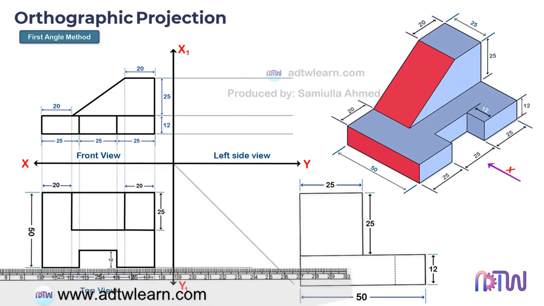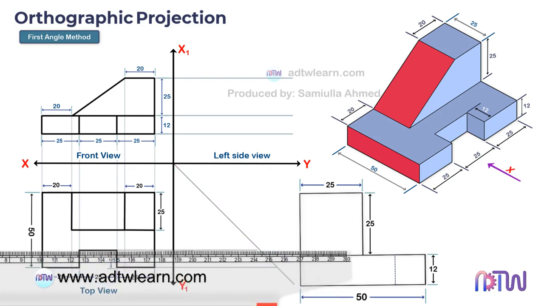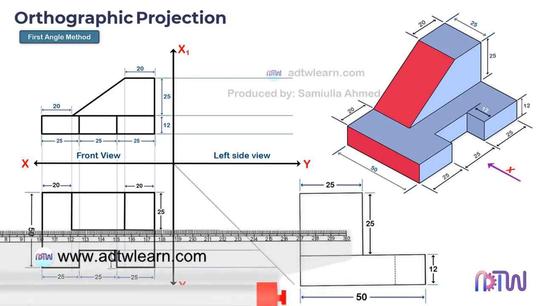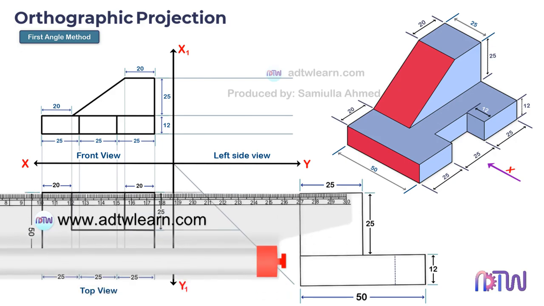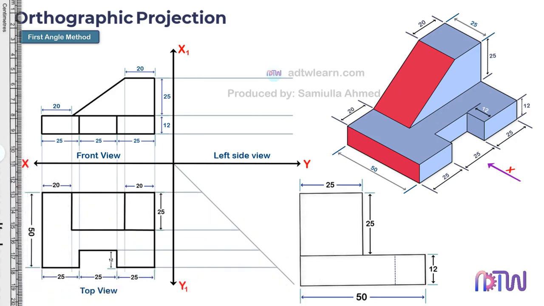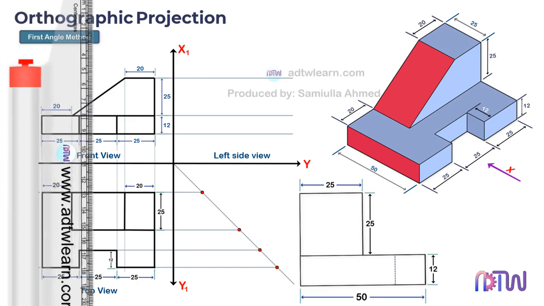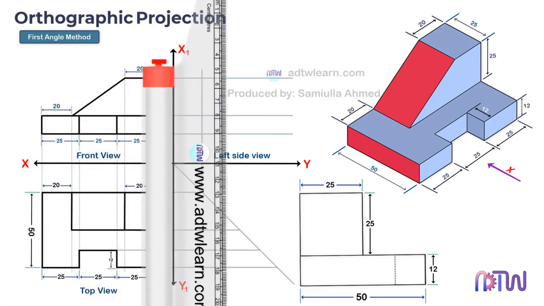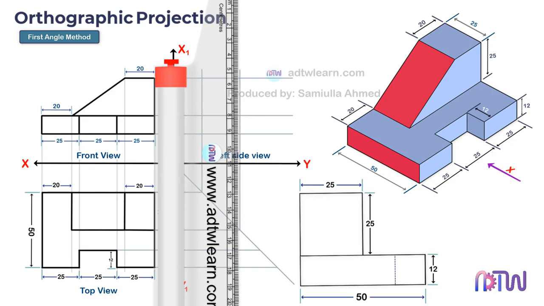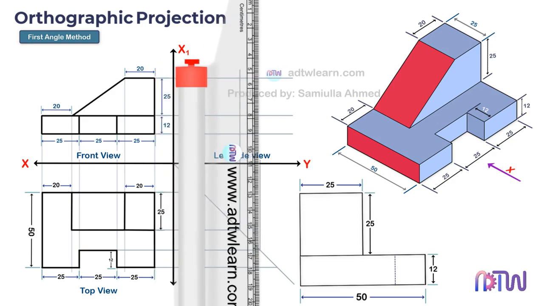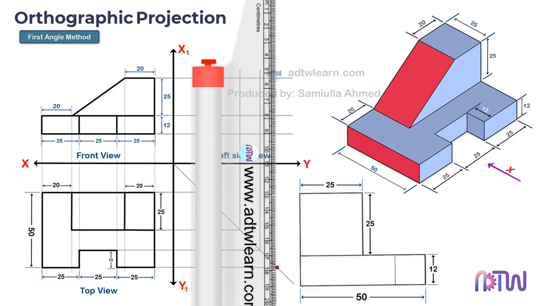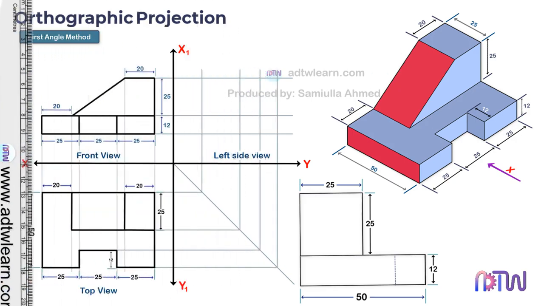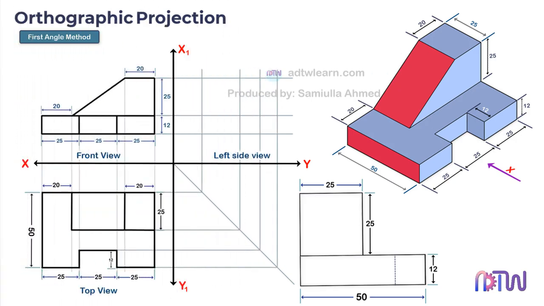Extend these lines up to this inclined line. And draw the vertical lines from each of these intersection points. These lines will help us in drawing the side view.